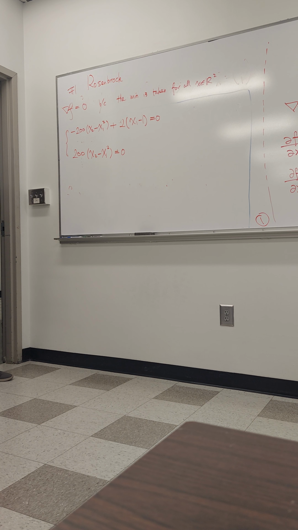To think why, this is pretty straightforward to verify. If this is true, then the feasible direction d is all of R2.